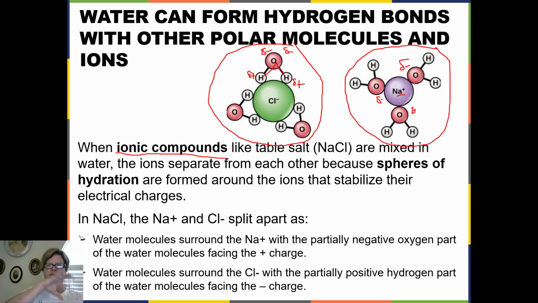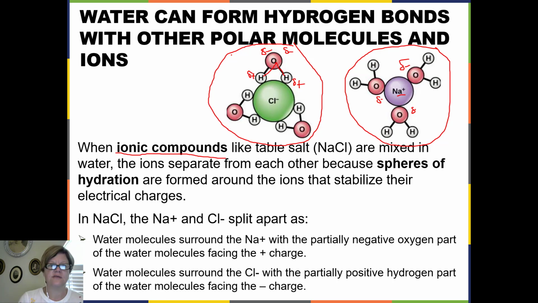And when you think about that concept in 3 dimensions, you can see that it's basically like a cloak. The water forms a layer, what we call a hydration shell, or a sphere of hydration, which just means a layer of water surrounding each of those ions, and it allows that salt to be dissolved.